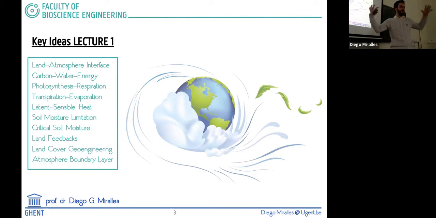So when you have the radiation that powers these sensible and latent heat fluxes, the atmosphere here is getting warmer and moister, and as a consequence, it's getting lighter. And as it gets lighter, it moves up through convection and starts mixing with a certain depth of the troposphere, the lower part of the atmosphere. That depth that is well mixed is called the atmospheric underlayer. And we will go through that especially in the next lecture.